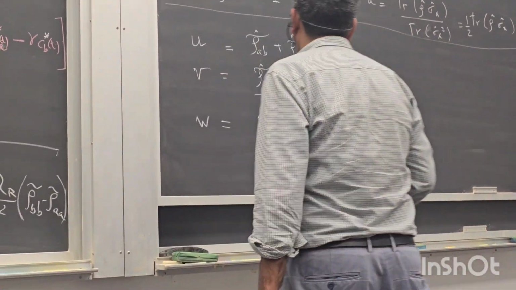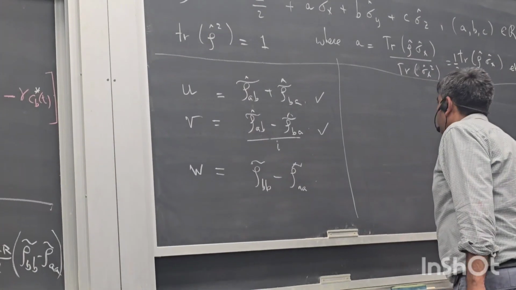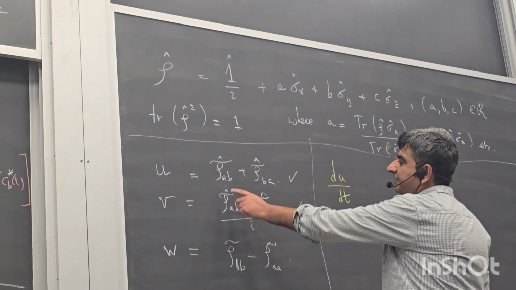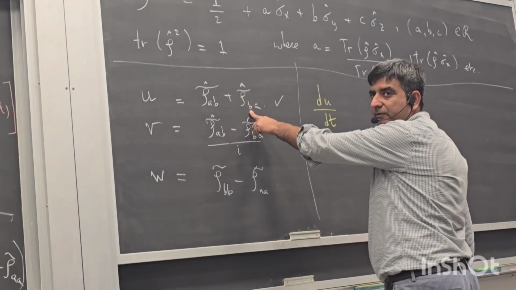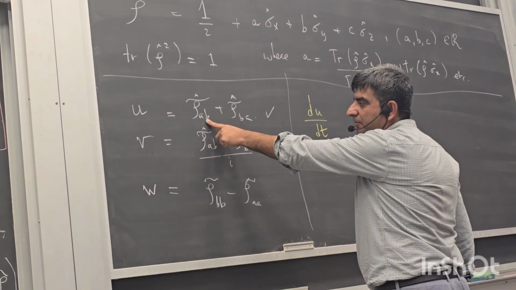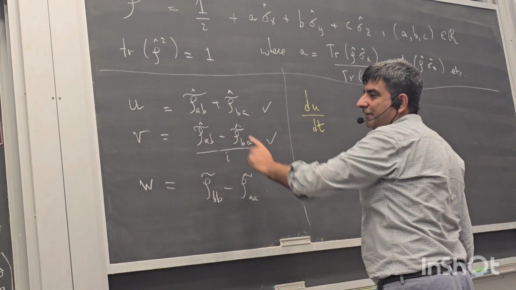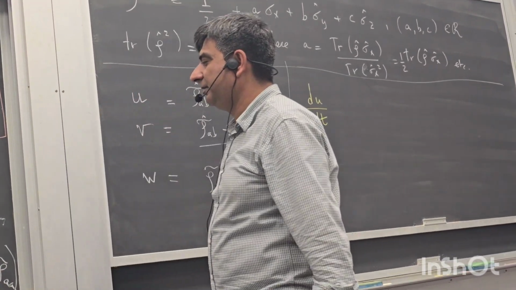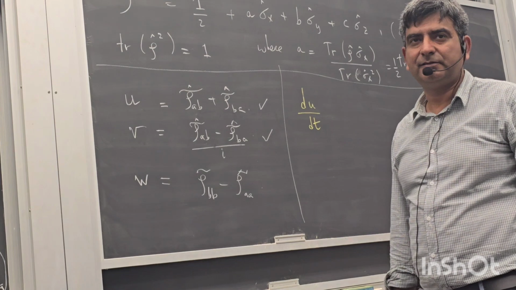Okay, so first of all I would like to see what is my du by dt. Now du by dt is the derivative of this plus the derivative of this. The derivative of this is the complex conjugate of this. So I take this thing and add to it its complex conjugate.